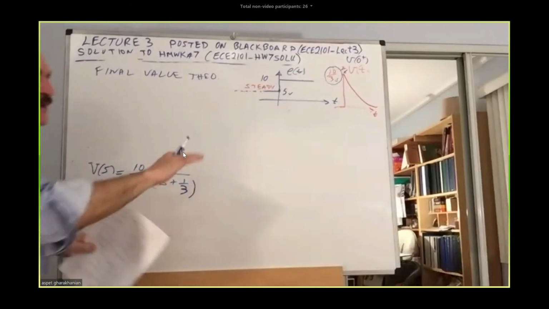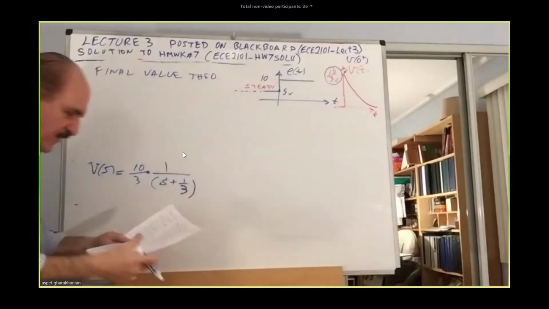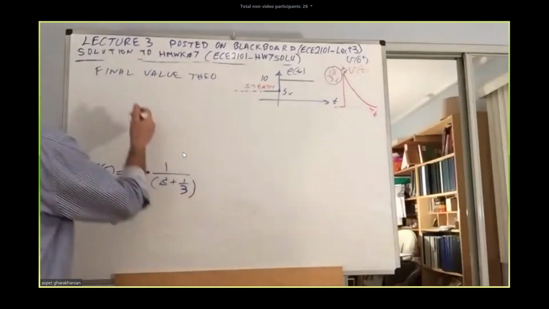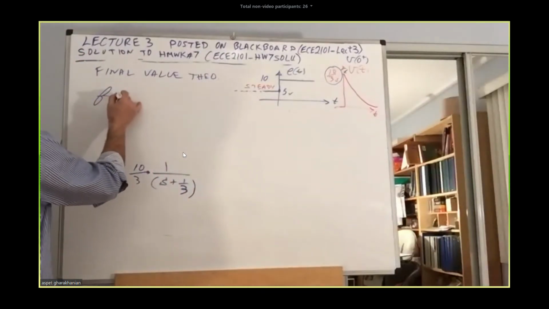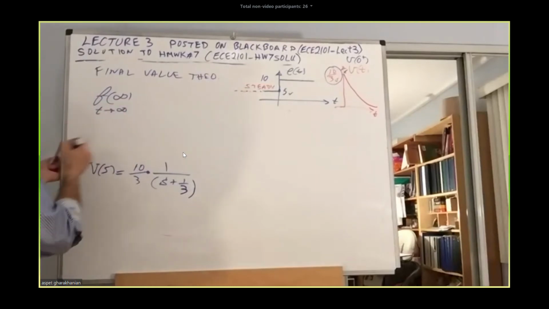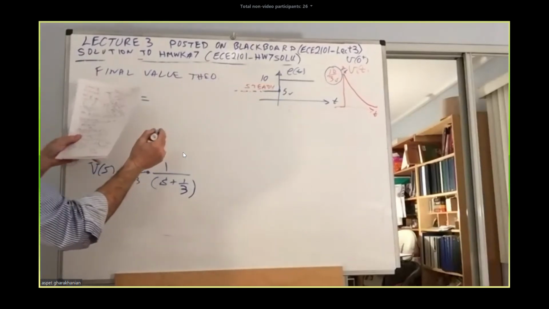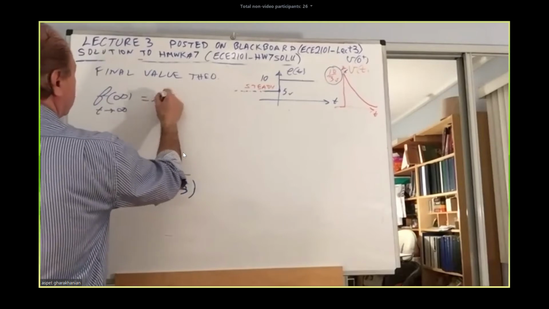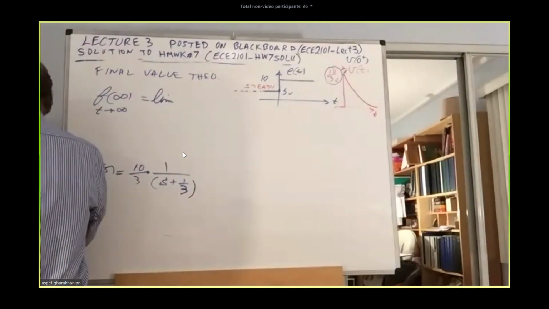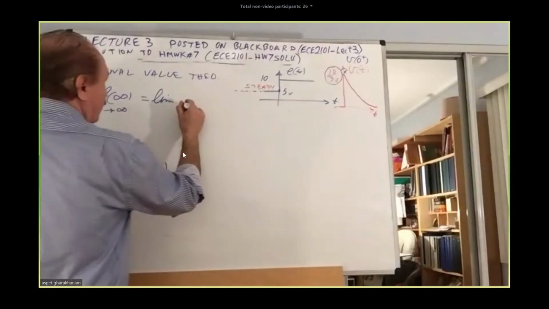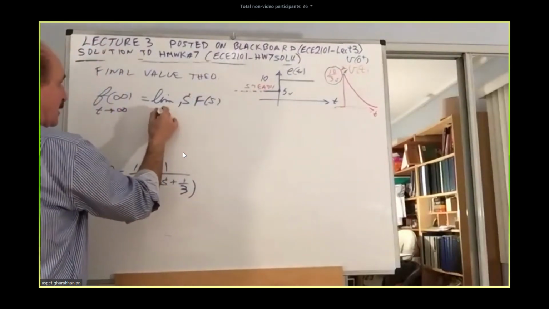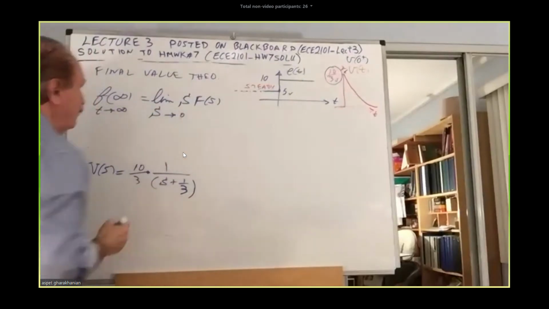If you want to know what is the steady state value of the function as time goes by, here is how to observe that. F of infinity, so as t approaches infinity, is equal to the limit of s times F of s, same thing, but this time as s approaches 0.